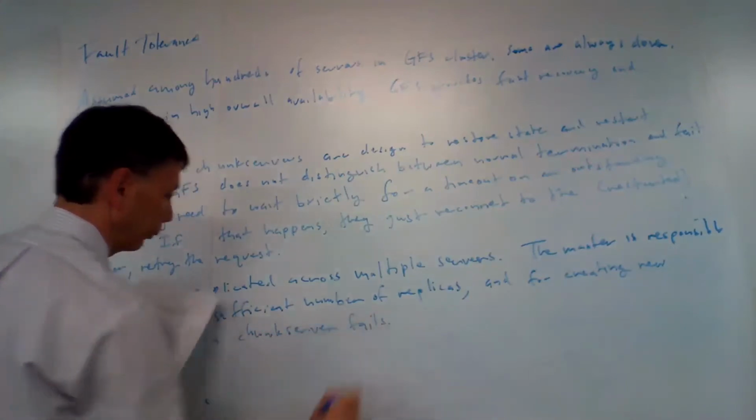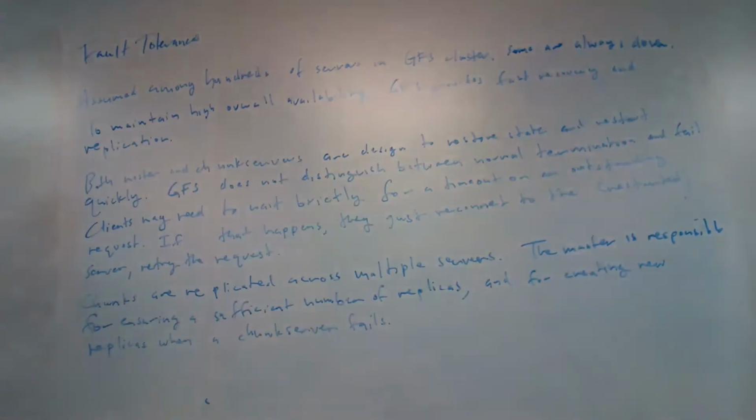So a sufficient number would be to maintain fault tolerance, but also to maintain efficient performance, depending on how many clients at any given time are hitting the array. Okay.